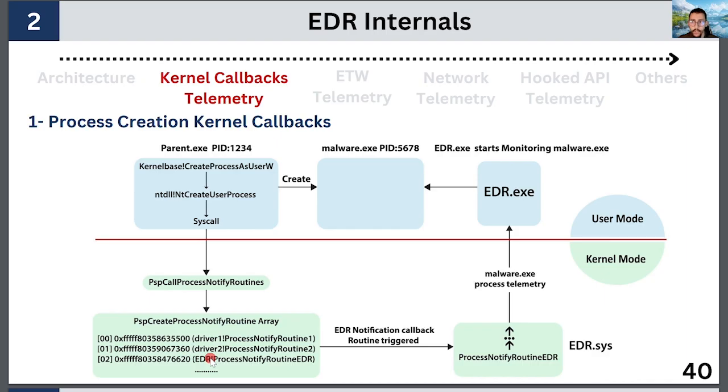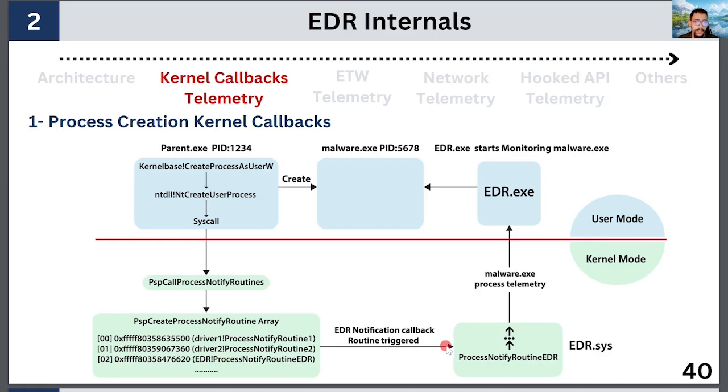The EDR driver registered a callback to monitor process creation events. As the PspCallProcessNotifyRoutines function iterates through the array, it triggers the callback routine registered by the EDR, ProcessNotifyRoutineEDR, at index 2.